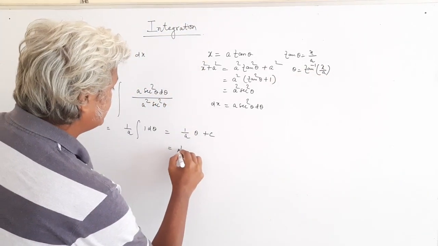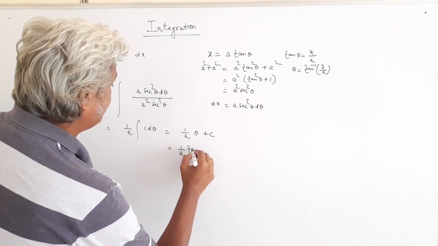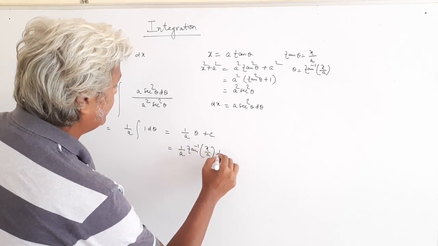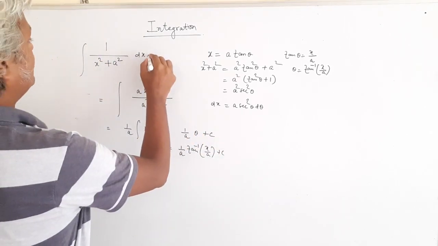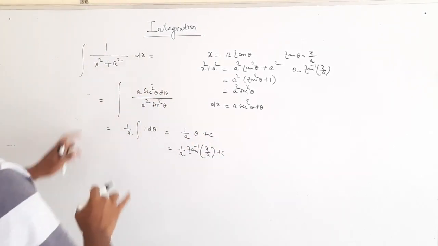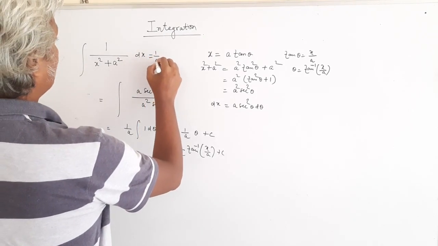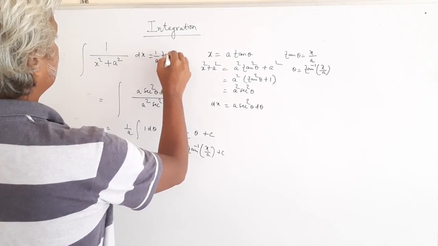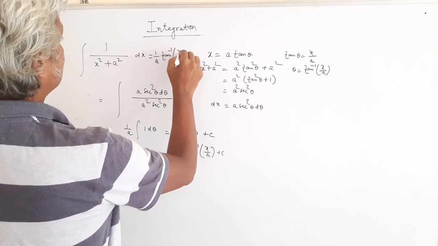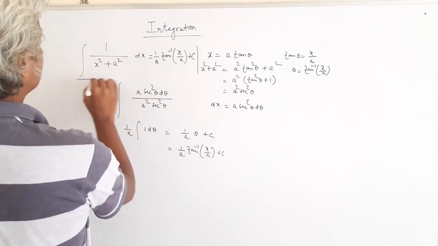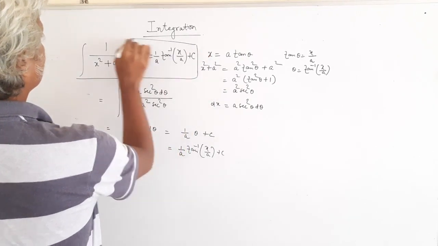So this becomes 1 by a tan inverse x over a plus c. So now we have found our answer: the integral of 1 over x square plus a square is 1 over a tan inverse x over a plus c. This is the form of integration.